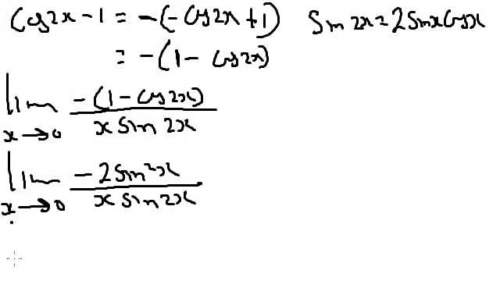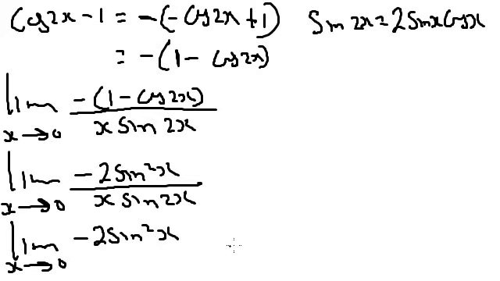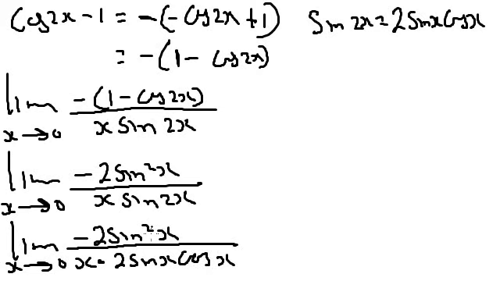So we now have the limit as x approaches 0 of negative 2 sin squared x, all divided by x multiplied by 2 sin x cos x.